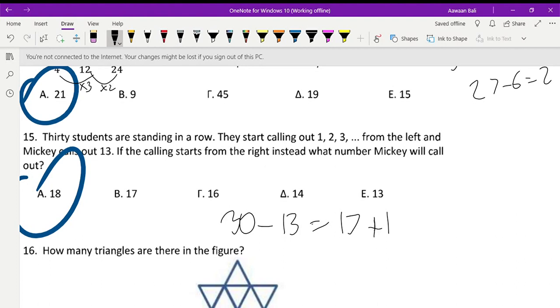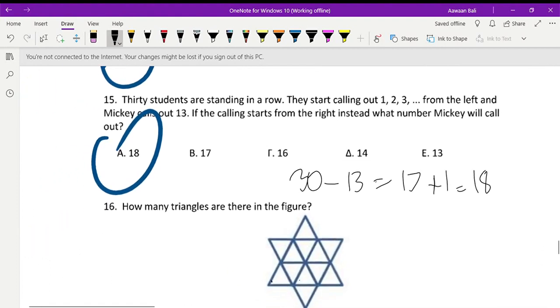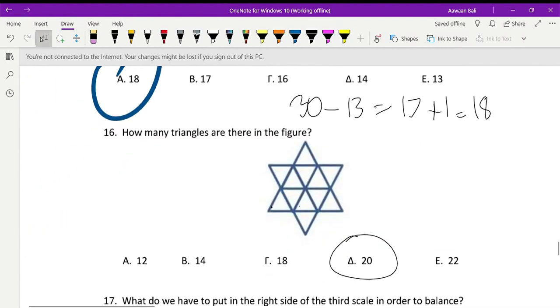So basically, 17 people are left. However, we also took away Mickey. So we have to add plus 1. We get 18, which means Mickey's place is 18 from right to left. Therefore, the answer is alpha.